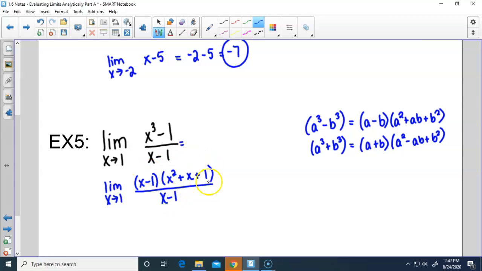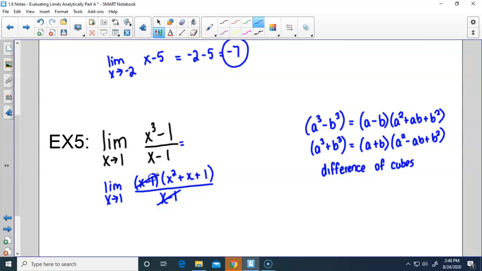That's a different type of factoring that I am not sure if you guys have seen much before, but it does show up in our homework from our book, I believe. So you may need to look back at this whenever you get to that point. This is called a difference of cubes. And if you're still having trouble with it, you may even want to look up a video on it if you need to.